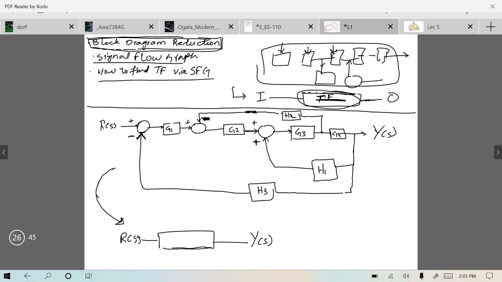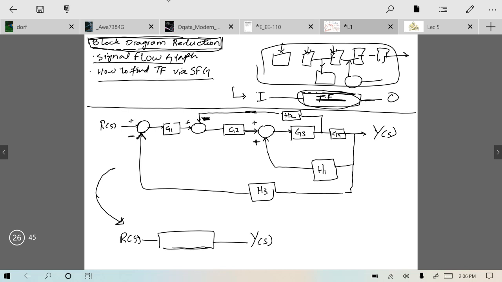So the idea is, what if I move this pickoff point from here to either the left of G3 or to the right of G4? What would be beneficial? Obviously, if I move this pickoff point to this point, it would not complicate my block diagram further, rather it would try to make it simplified.